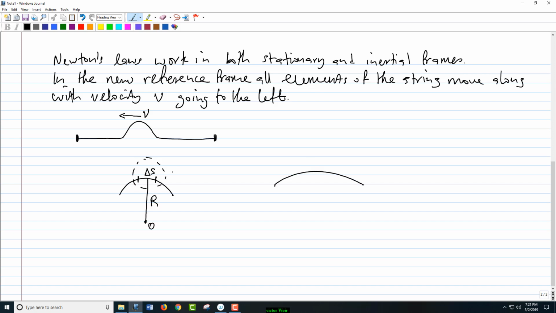Now in the new reference frame, all elements on the string move to the left. So a given element of the string initially moving to the right of the pulse moves to the left.